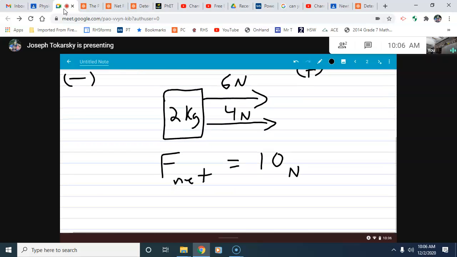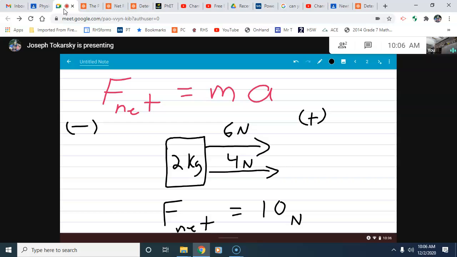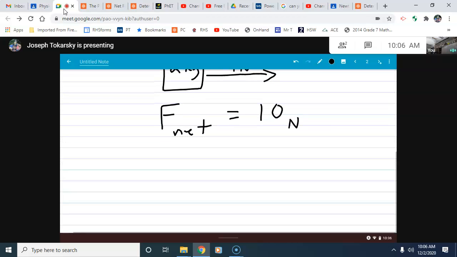Then, if I ask you to find acceleration, you'll need to possibly do this on the concept builder. We use this formula and just do some real basic algebra to get A by itself. We divide over the M. So if I want to get A by itself and divide over the M, we get F net over the mass.